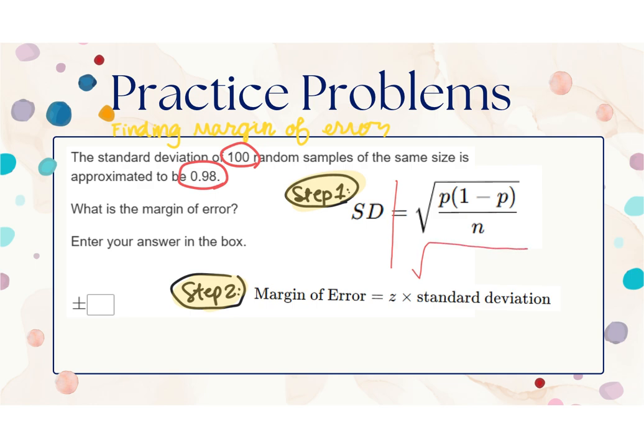So let's plug in what we're given. So we have 0.98 times 1 minus 0.98 divided by 100. And you can plug this in exactly how you see it in your scientific calculator. Just make sure that when you use parentheses, you close them, right?